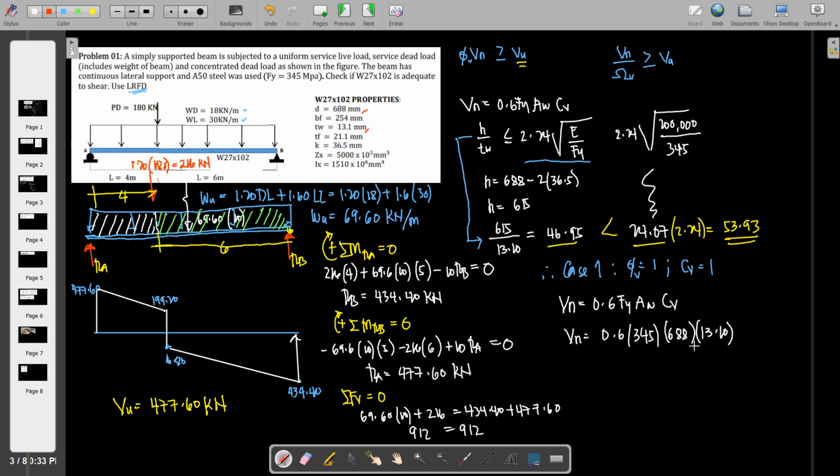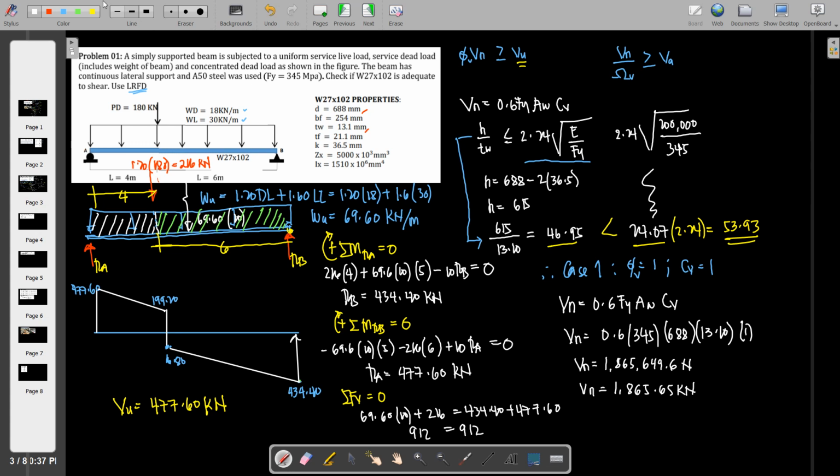This is the area of the web. Okay, Cv is 1. So therefore, Vn is equal to 1,865,649.6 Newton. So simply this is equal to 1,865.65 kilonewton.